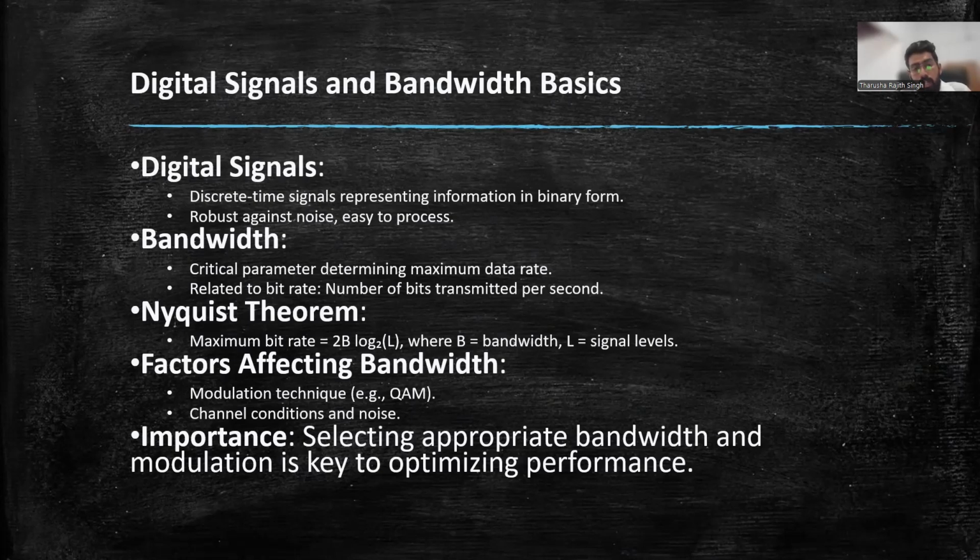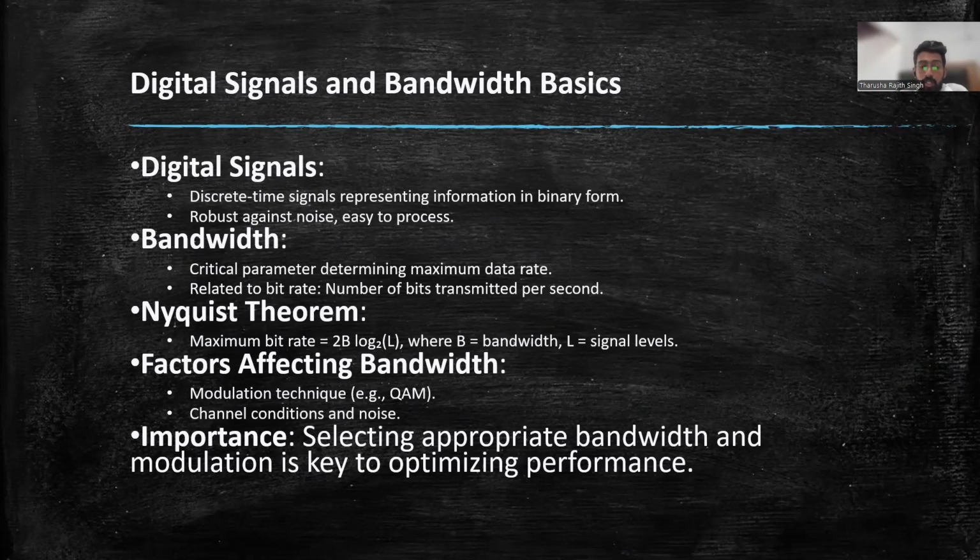Importance of bandwidth and modulation: selecting the appropriate bandwidth and modulation scheme is essential for optimizing the performance of wireless communication systems. For example, in 5G networks, advanced modulation techniques like QAM are used to achieve high data rates, while careful bandwidth management ensures efficient use of the available spectrum.